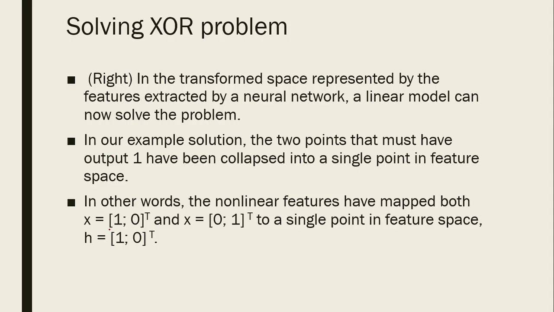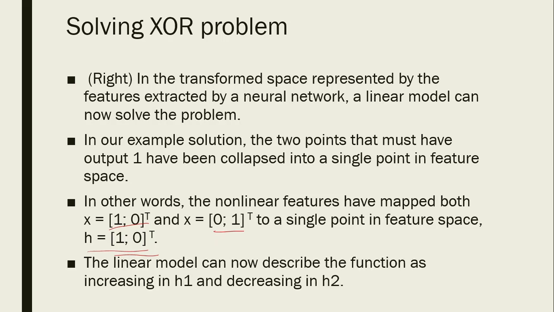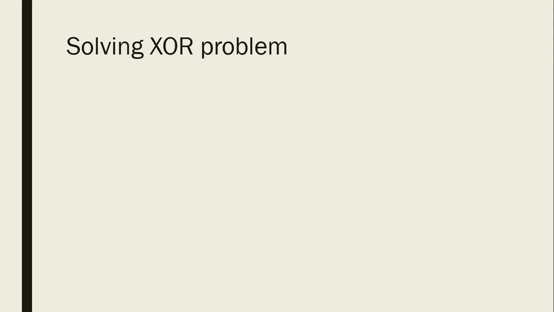That means 1 0 and 0 1 are collapsed to H equal to 1 0, as we said in the diagram. The linear model can now describe the function as increasing in h1 and decreasing in h2.